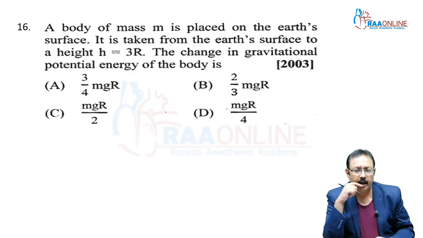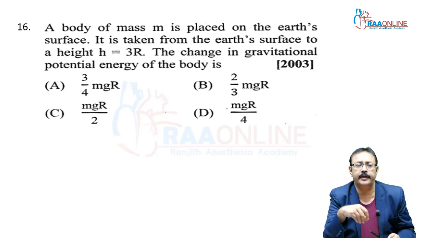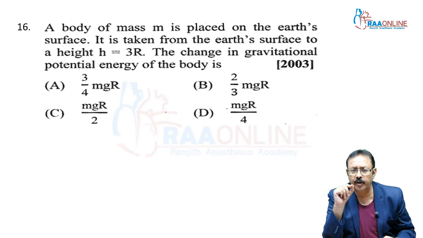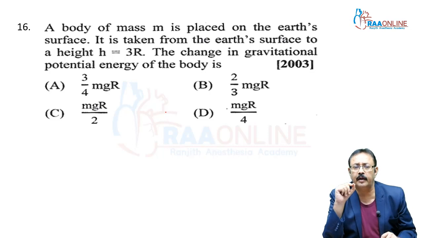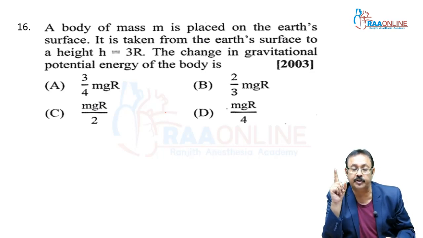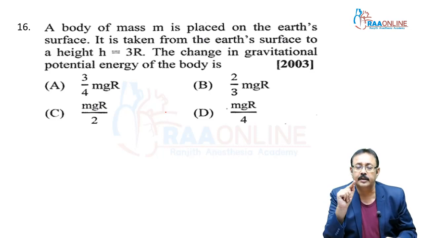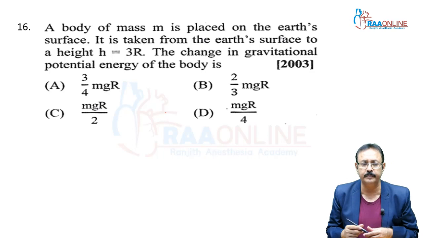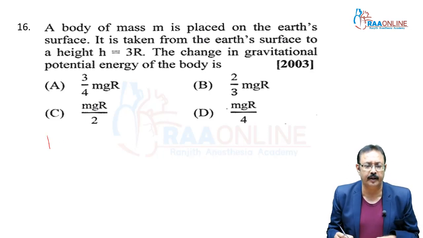Next, it is from 2003 AIPMT. A body of mass m is placed on the Earth's surface. It is taken from the Earth's surface to a height h, 3r. The change in gravitational potential energy of the body is a direct problem because we know the formula of potential energy.